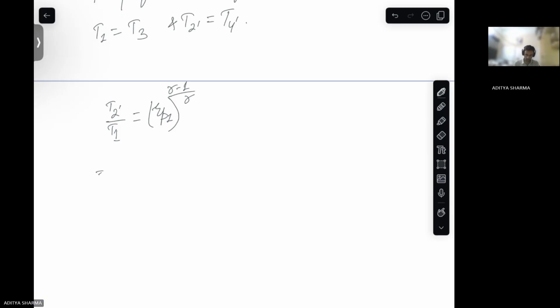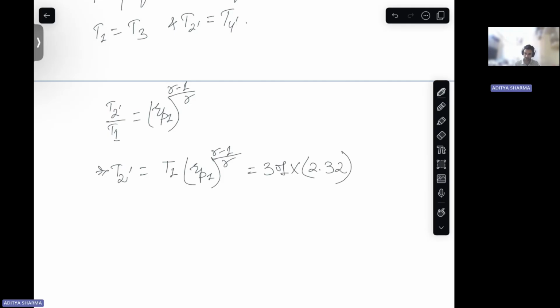Implies T2 dash is equal to T1 RP1 raised to gamma minus 1 by gamma, which is 301 into 2.32 raised to power 1.4 minus 1 divided by 1.4.